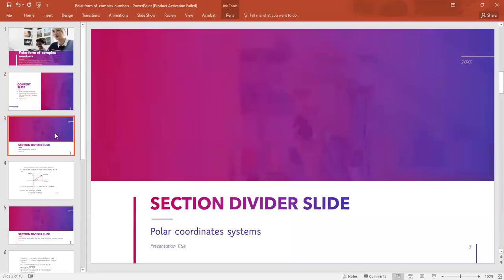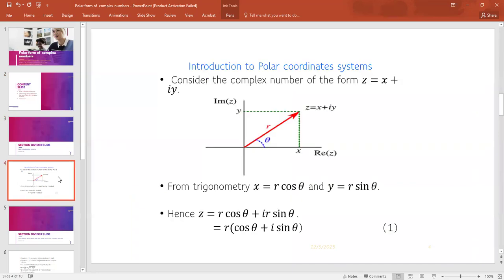Let's talk about the polar coordinate system. To introduce the polar coordinate system, let's consider this Argand diagram. On this Argand diagram, we have chosen an arbitrary complex number z equals x plus iy. Here is a complex number. How do we represent it on the Argand diagram?